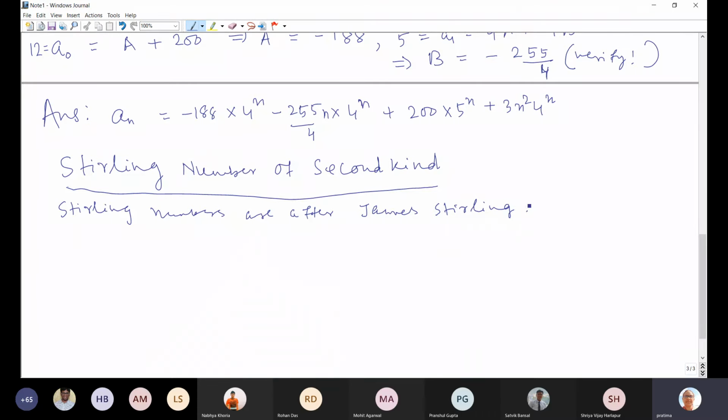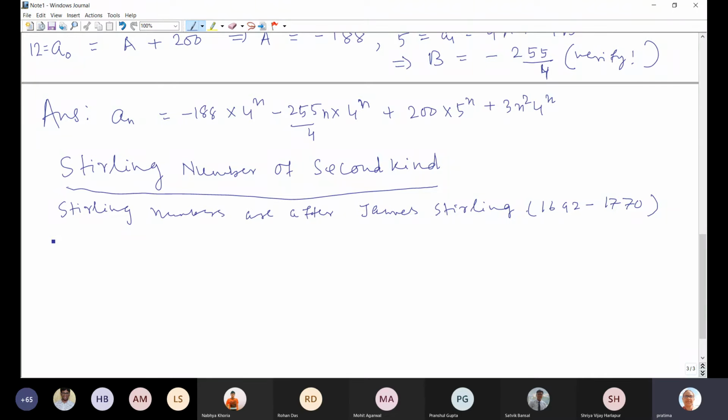James Stirling, his lifespan was 1692 to 1770. This was the lifetime of James Stirling. So this Stirling number of second kind tells about the partition of a set. It counts the number of partitions of a set.